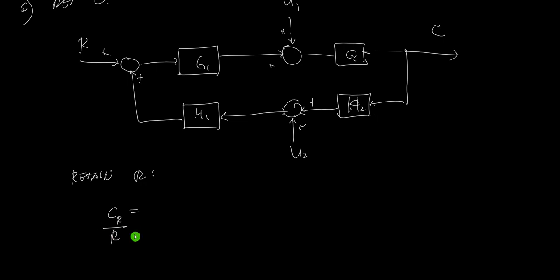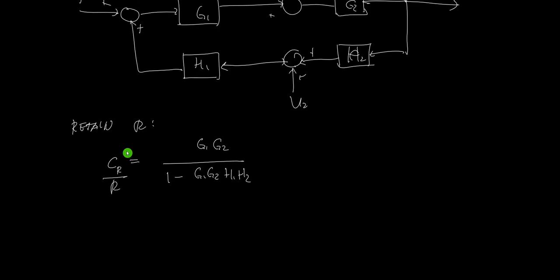CR over R is G1 times G2 all over 1 minus G1 G2, that's our forward transfer function, multiplied by the feedback, H1 times H2. And this is now the output due to R.